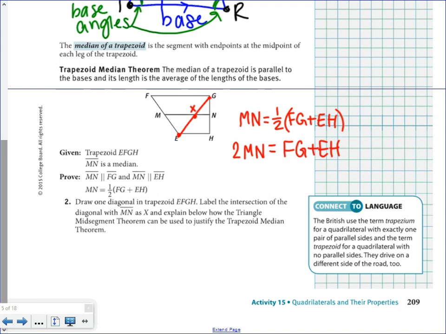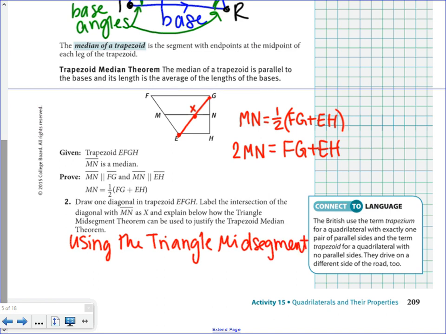So if we are using the triangle mid-segment theorem, we know that XN has to be parallel to EH.